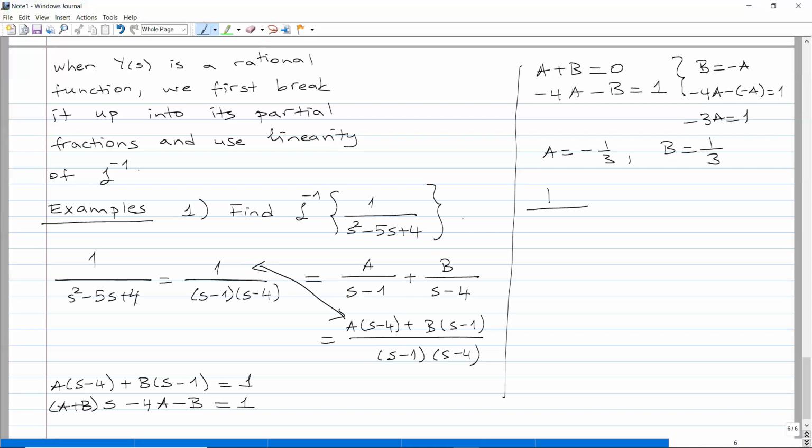So my function is 1/3 times, b is plus 1/3, b is the coefficient of 1 over s minus 4, minus 1 over s minus 1. It's minus because a is minus 1/3. And whenever you find your coefficients and write your rational function in partial fractions, always check your answer.